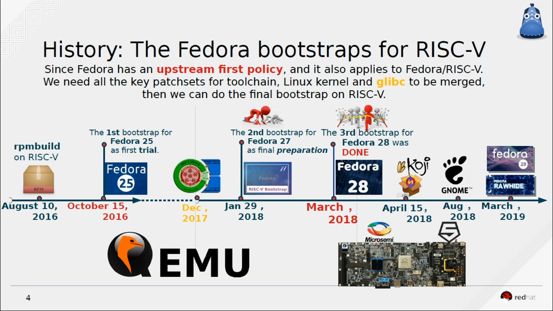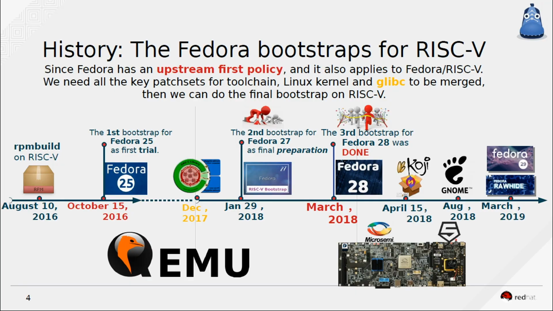But it was just a trial, because Fedora has an upstream-first policy. We get everything from upstream. We don't use any patch set from any individual; we just get everything from upstream.